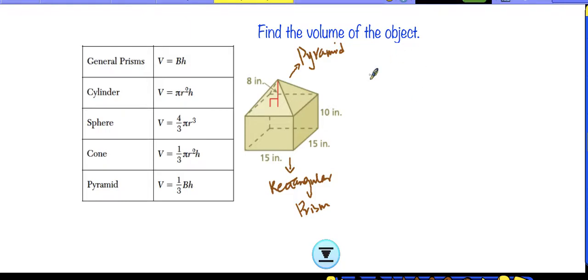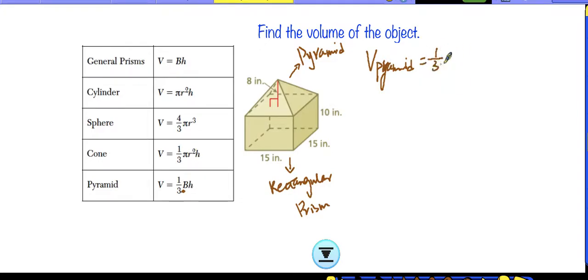So let's do that. In order to show the process very clearly, I'm going to do each part individually. So let's say the pyramid, which is 1/3 times capital B, meaning base area, times height.